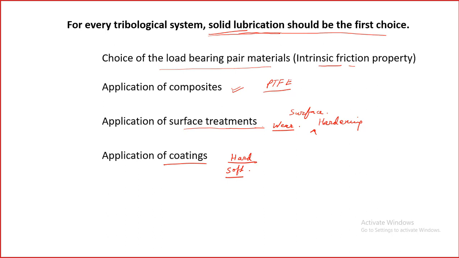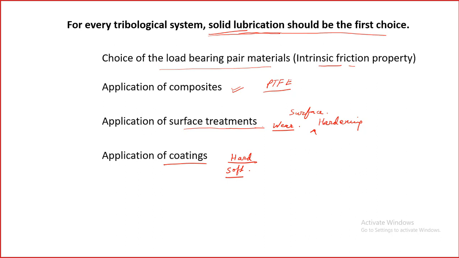A soft coating, even if it gets delaminated, is still helping in the lubrication process. So in general, soft coating is applied for friction reduction. Whenever there is a friction reduction need, like soft coating of PTFE, generally PTFE is the best choice, or Babbitt material is also a soft coating.